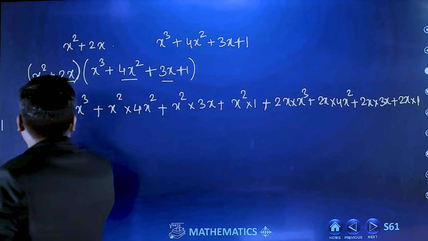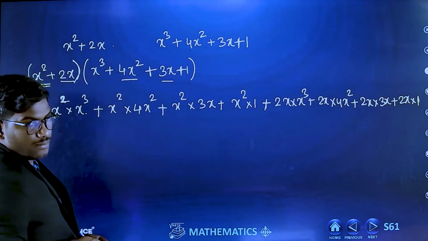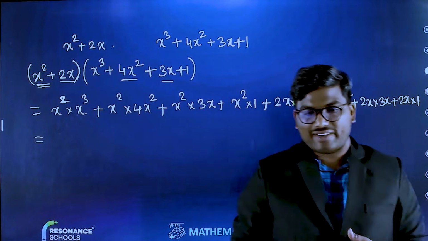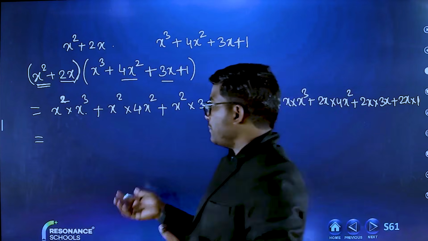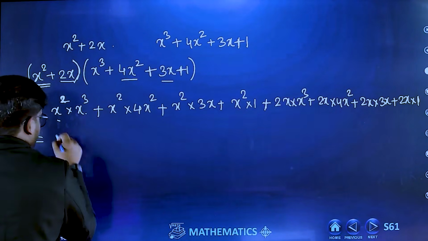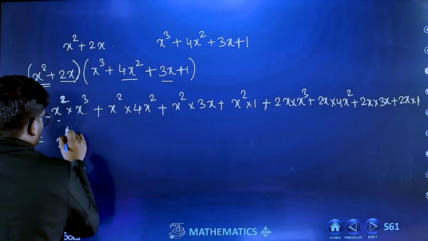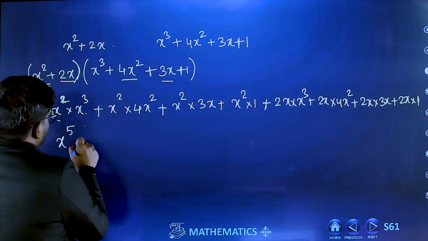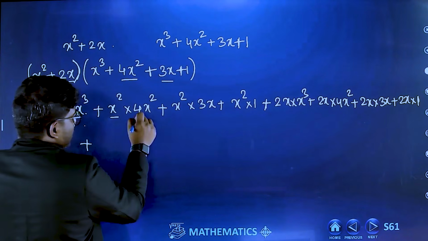Now, x square into x cube, as we've already discussed, a power m into a power n will be a power m plus n, right? So, x square into x cube will be x power 2 plus 3, which is 5, plus x square into 4x square.